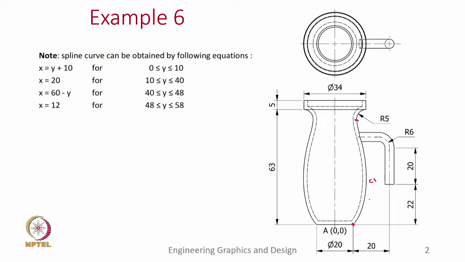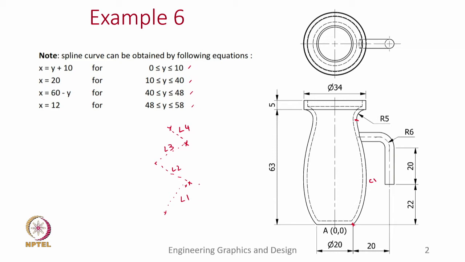This spline curve is defined by 4 line segments, so essentially you have control points which make line segment 1, 2, 3 and the 4th line segment. Let us say these are line segments L1, L2, L3 and L4.